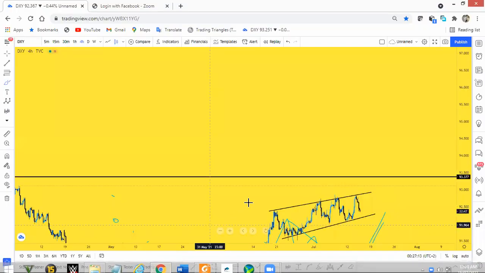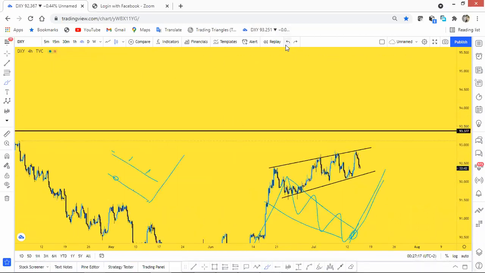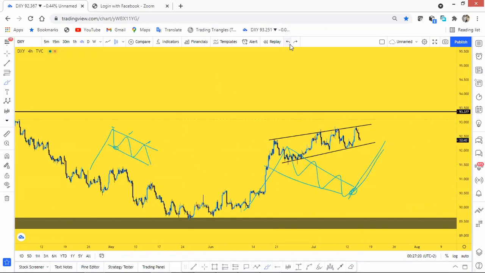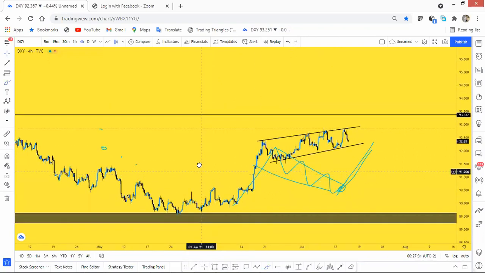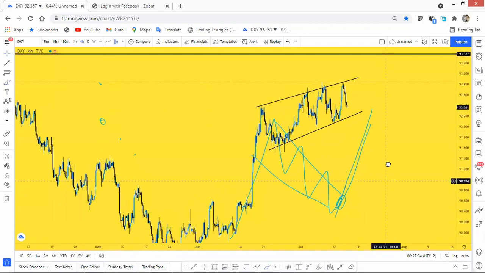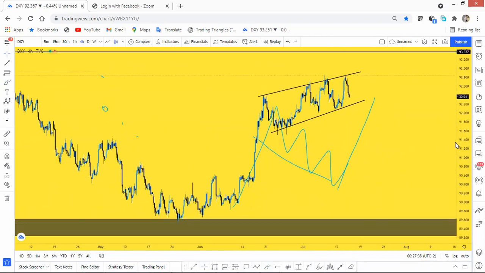Now, going back to the live market. When you go back to the live market, you can immediately see that we have an impulse move, but the correction is in the same direction.